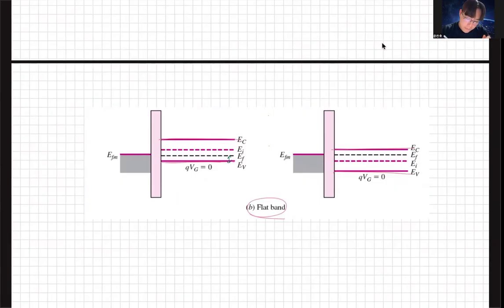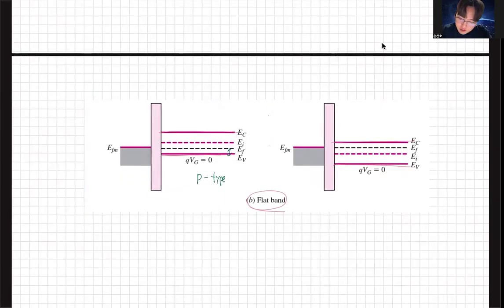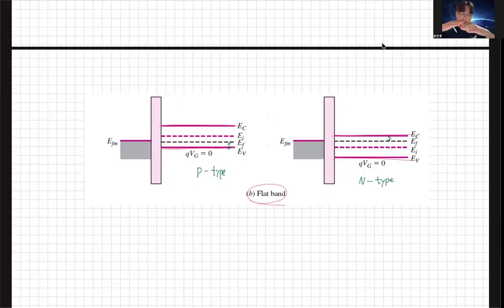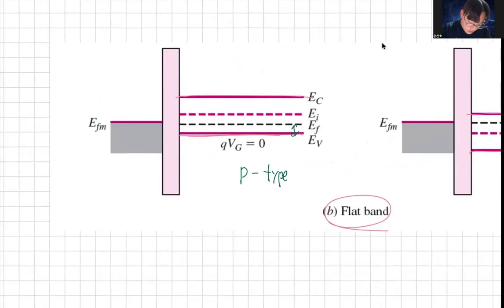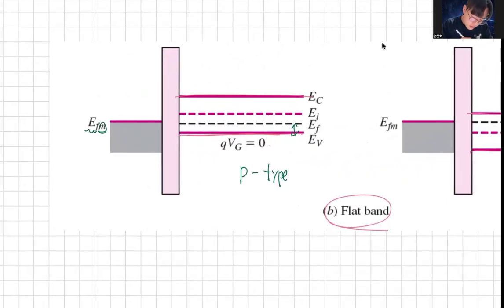So this is a p-type semiconductor, and this is maybe an n-type semiconductor. In the metal there is no conduction band and valence band, so we can draw one line, and you can see the Fermi level of the metal.